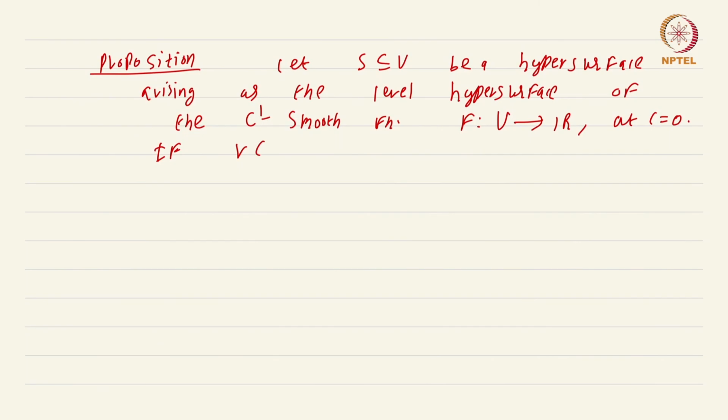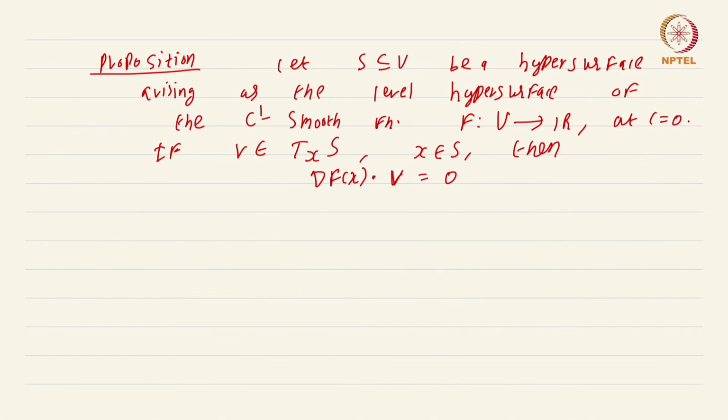If V is an element of Tx S, X is of course in S, then gradient of f at X dot product V is 0. So in other words, the gradient is normal to the tangent plane.